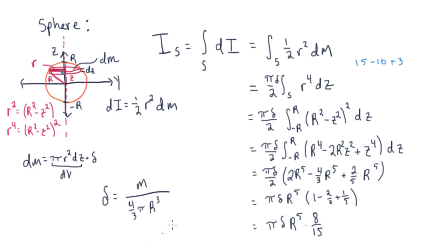And so if I plug in delta, pi's gone, 3 of the R's are gone, and we're basically just going to get M R squared times 8 over 15 divided by 4/3. That all in all is 2/5 M R squared.